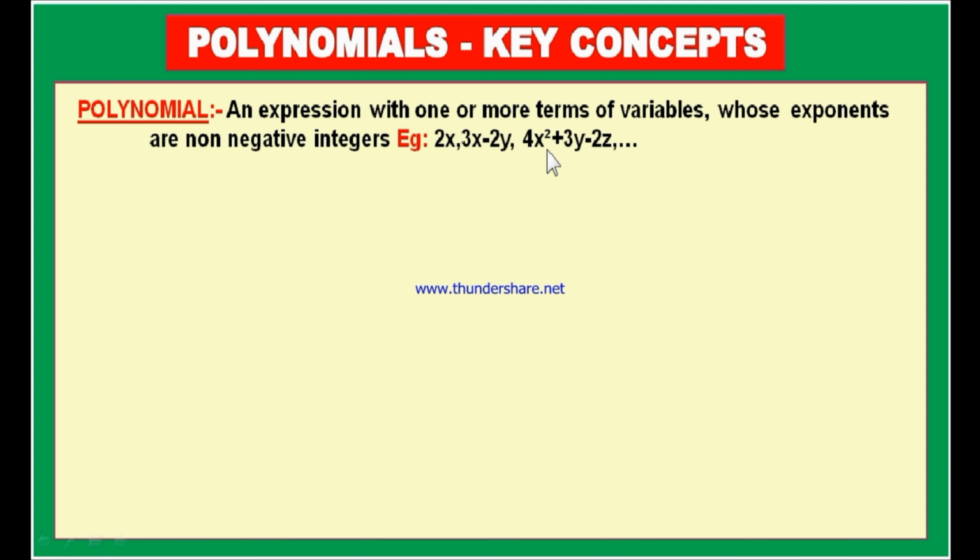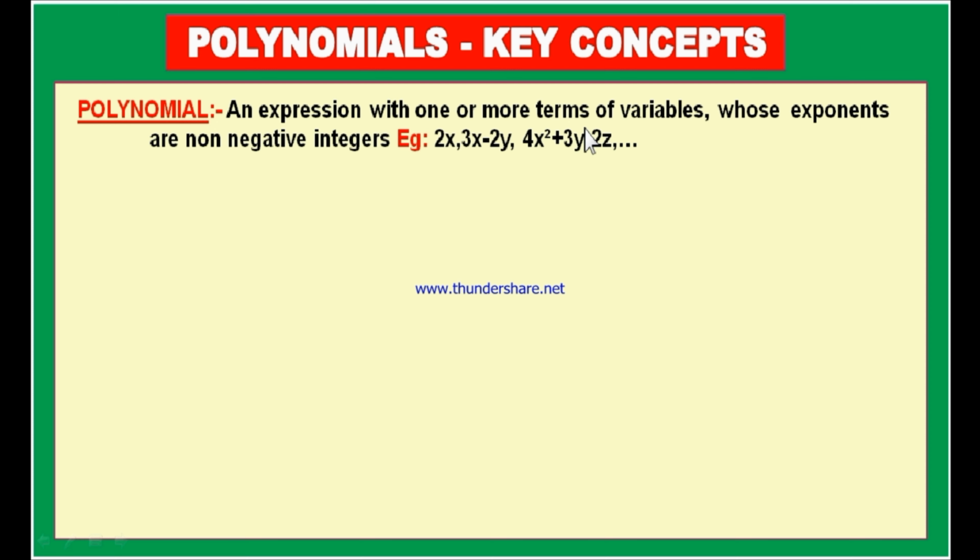And in the third case, 4x square plus 3y minus 2z. How many variables can you find in this example? You can find three variables, x, y and z. Out of the three variables, the first variable is x. And what is its exponent? The exponent of x is 2, which is a non-negative number. And 3y.